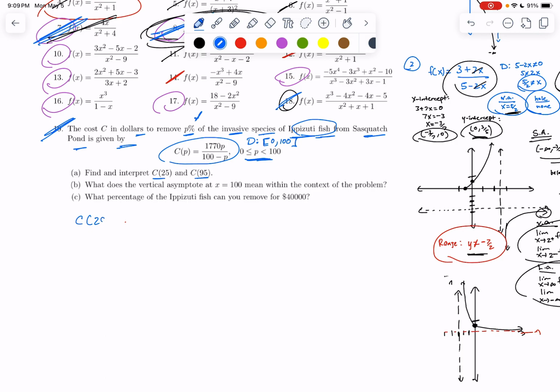C of 25 would just be plug 25 in. So it's going to be 1700, plugging in 25%, divided by 100 minus 25. I just want to look here in the answer key.